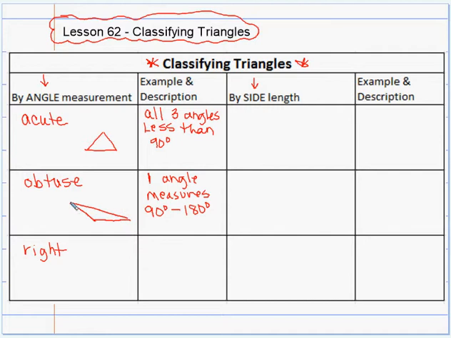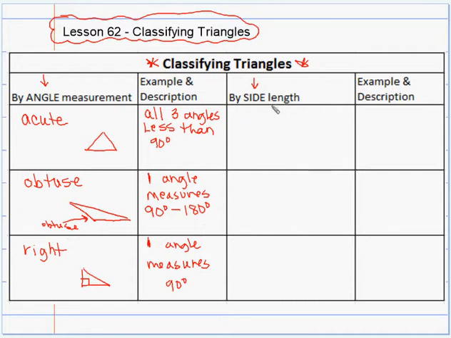So here's my obtuse angle. A right triangle, you will have one angle that measures 90 degrees. And you know, like that. Okay? Alright, so if they ask you to classify triangles by angle measurement, it'll be either acute, obtuse, or right.